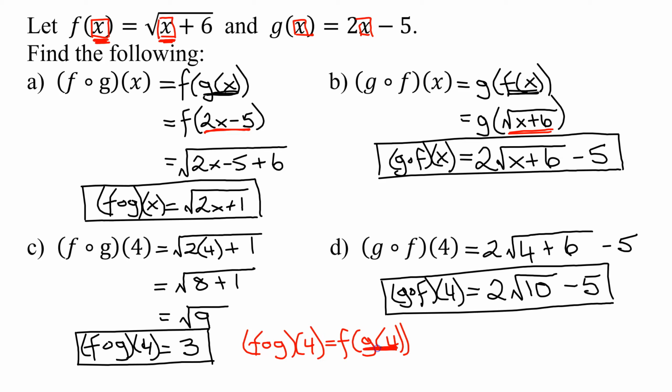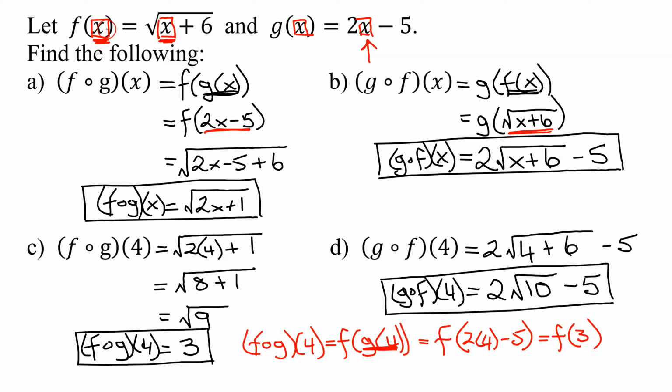So I need to figure out what g of 4 is. So I'm going to have f at, what is g of 4? It means put a 4 right here. So I'm going to get 2 times 4 minus 5. So that's f at 2 times 4 is 8, minus 5 is 3.